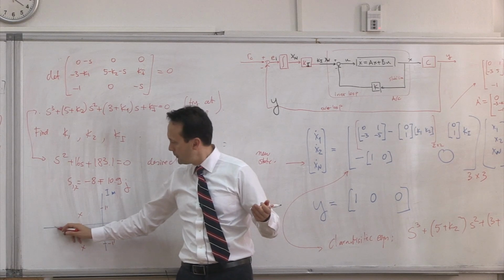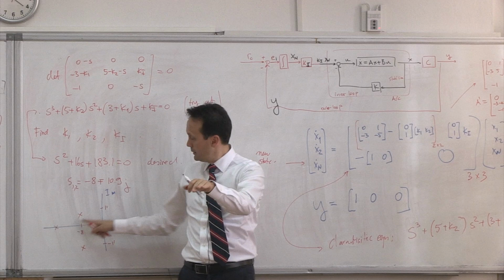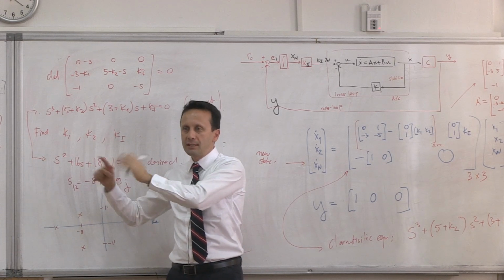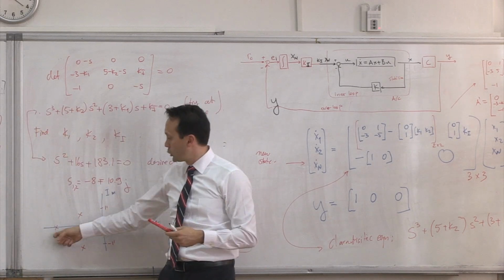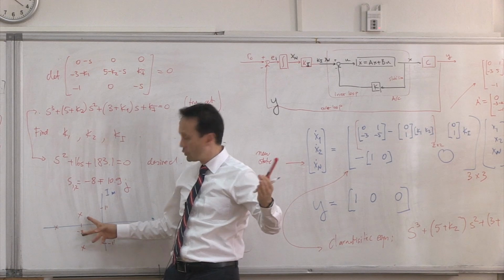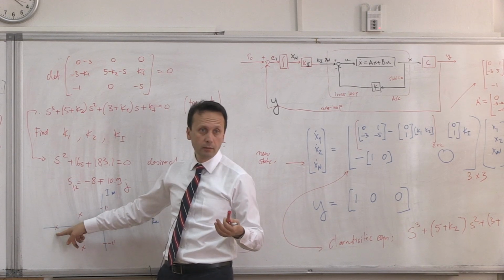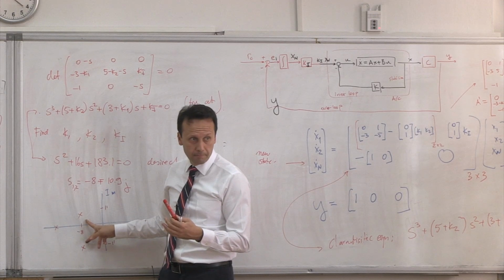So if I put it here, this mode dies out fast, and these modes will die out a little bit later and will satisfy this requirement. Because this will go away and this one will continue, but this one will die out after this one. So it will not interfere with the requirement.